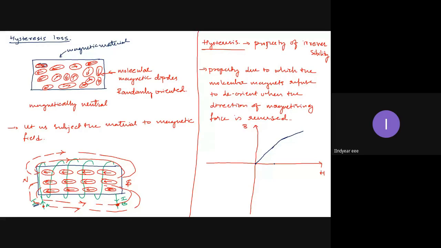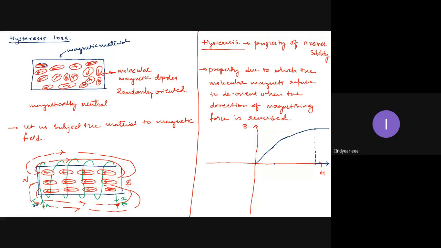Now once all the magnetic poles or molecular magnets have oriented, even when I further increase the magnetizing force, there are no molecular magnets left to be oriented, and my magnetic flux density will remain constant. Even if you increase the current to infinite value, magnetic flux density will remain constant.